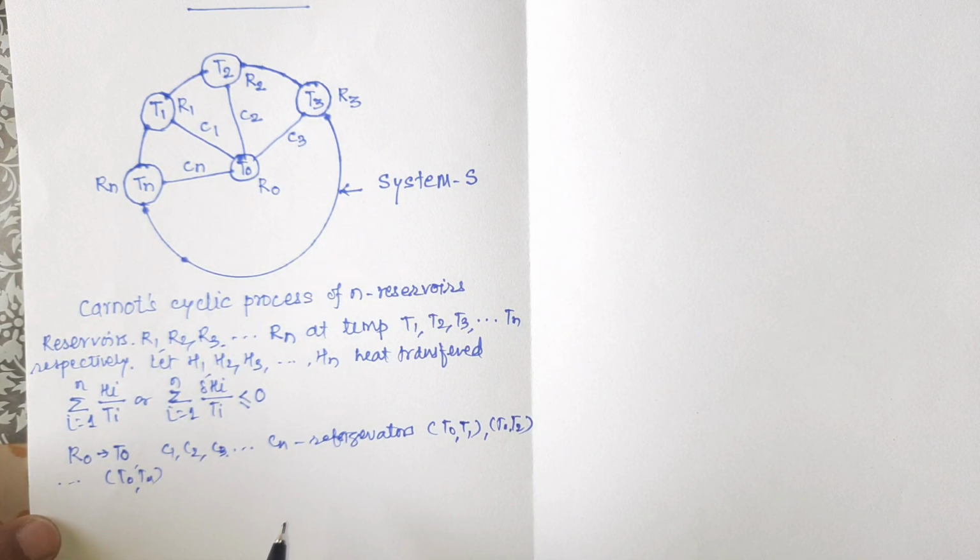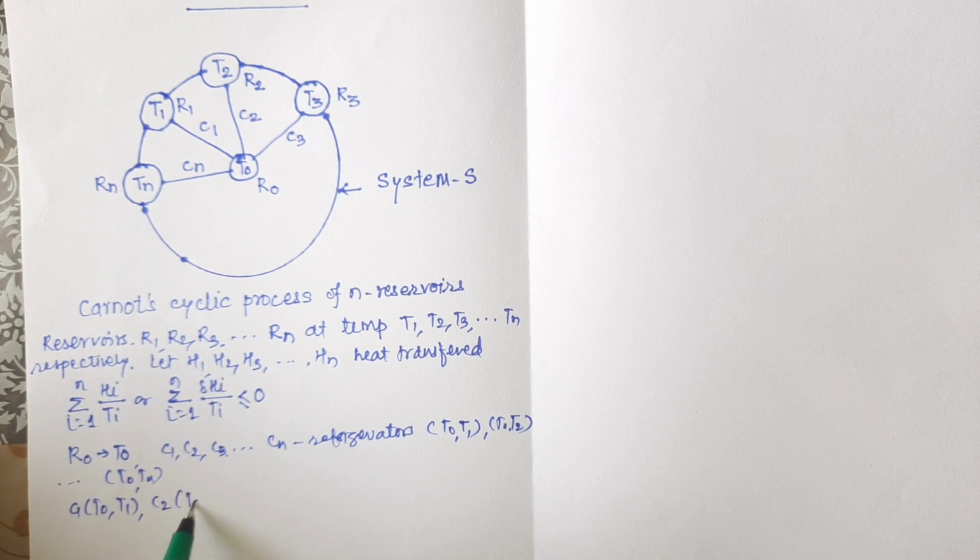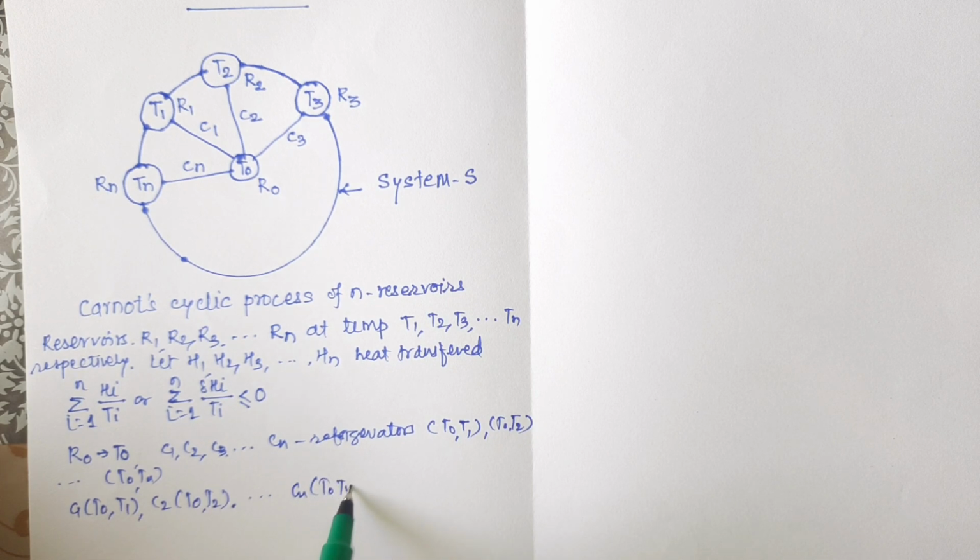It is necessary to adjust the size of a cycle in a system so that the quantity of heat rejected by the Carnot cycle C1 is at T1, for C2 at T2, up to Cn which rejects the heat at Tn, during any cyclic transformation.